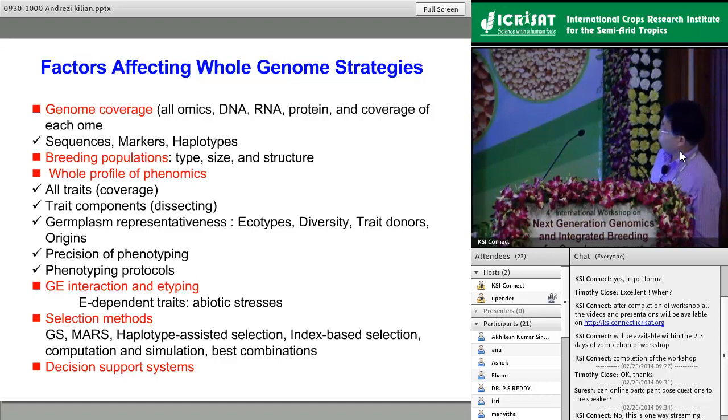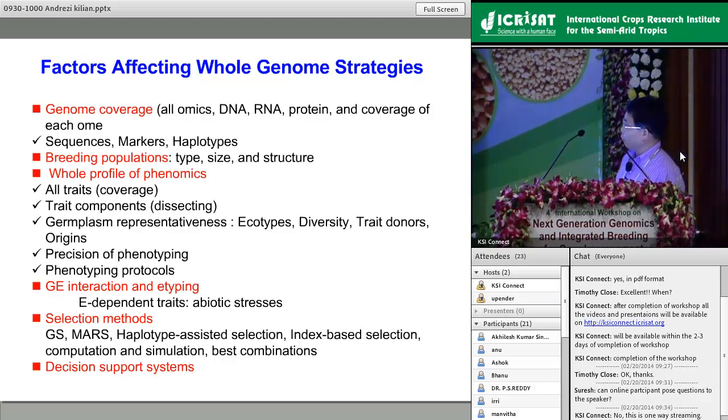In addition to this, we need to look at the G by E interaction and also E-typing. That's a new word I coined for the environmental assay. Different selection methods are based on different criteria, and also we need different tools to support our decision making.